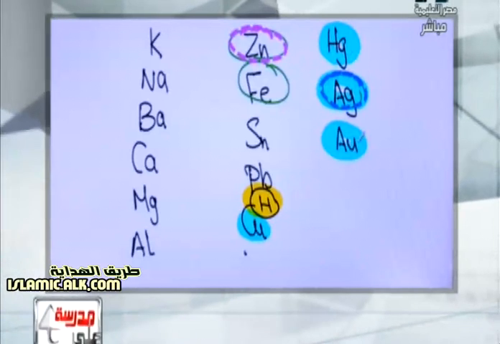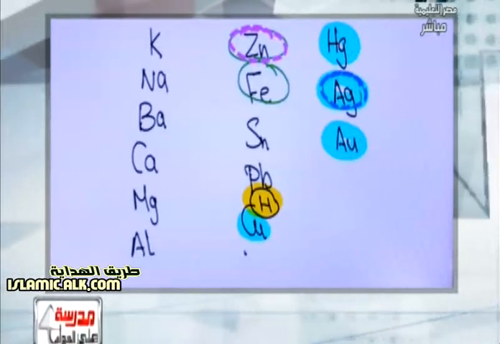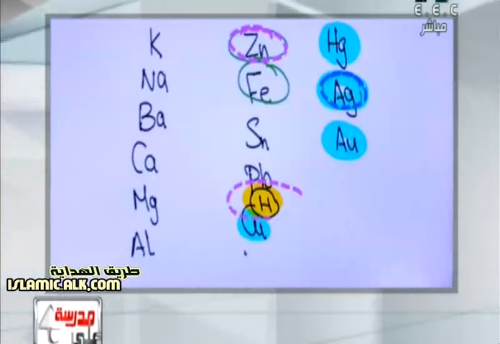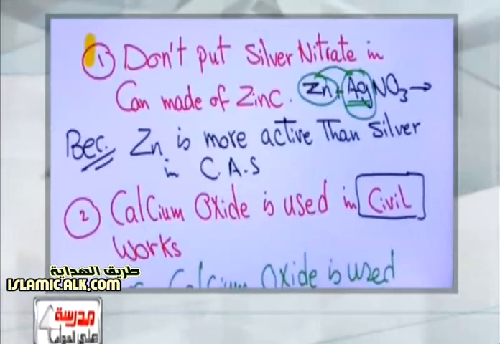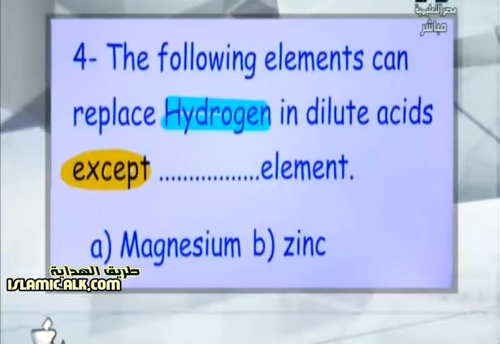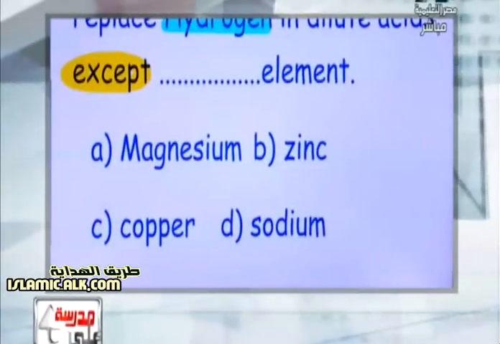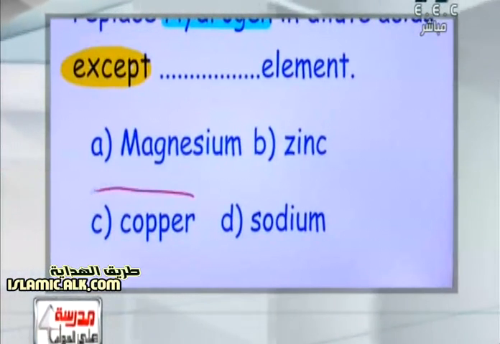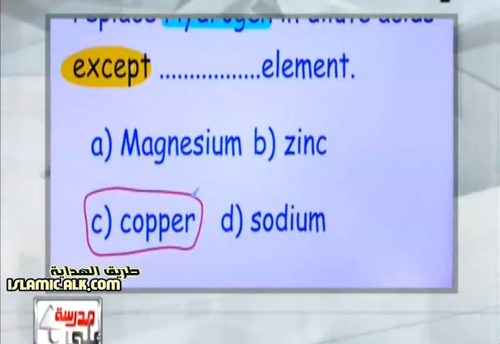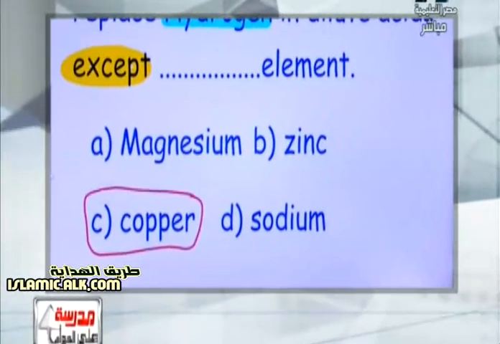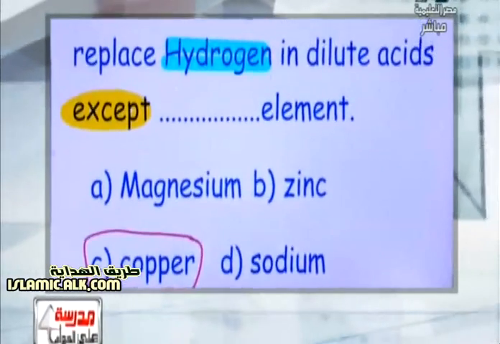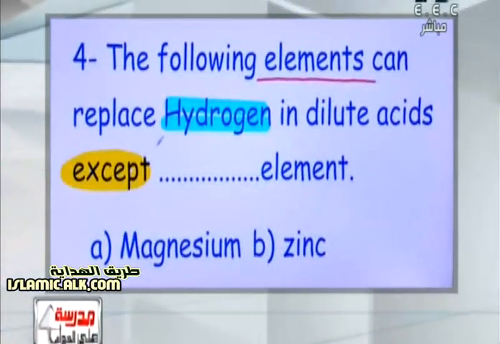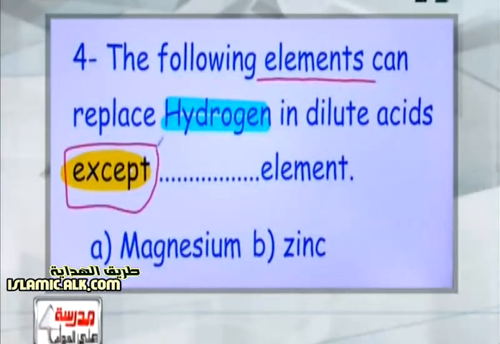They can't replace hydrogen because all are less active than hydrogen. So the options are magnesium, zinc, copper, sodium. The answer is except copper, because copper is less active than hydrogen in the chemical activity series. So all the following elements can replace hydrogen except Cu, which means copper.